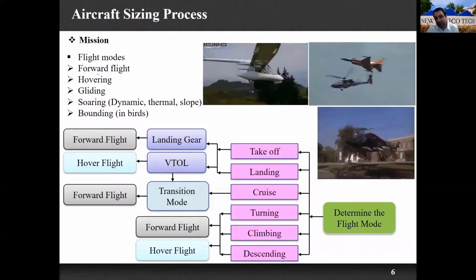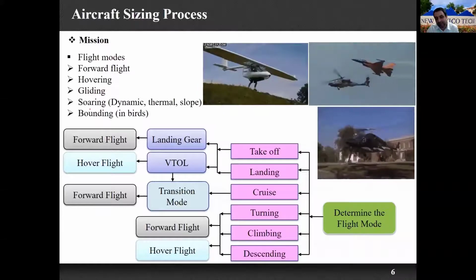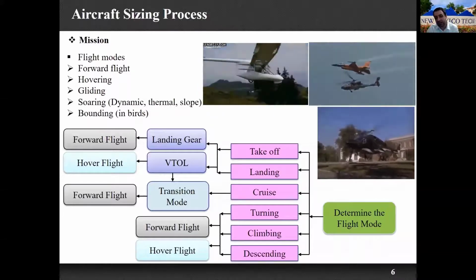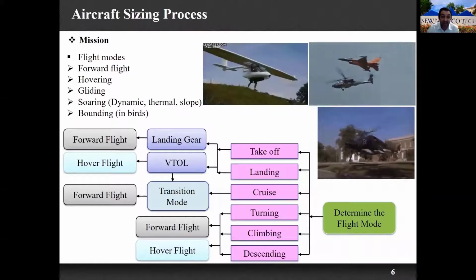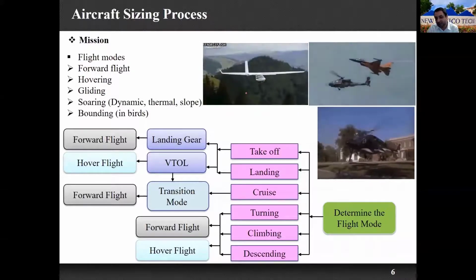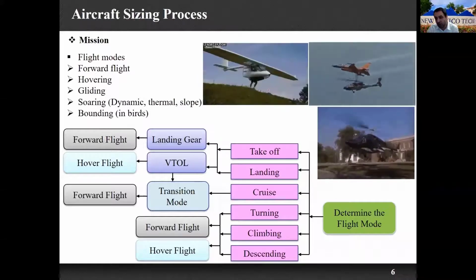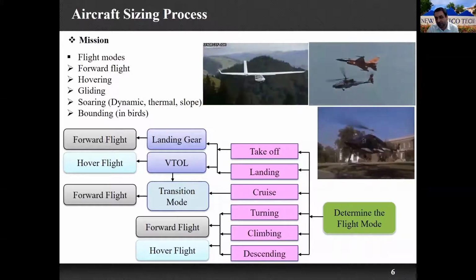The flight modes can be forward flight, hovering, gliding, soaring, dynamic, thermal, and slope, and it can be bounding, which happens mainly in birds and the flapping wing. The forward flight is like this glider, once it's flying forward, or like this aircraft, as you can see here, this firefighter.